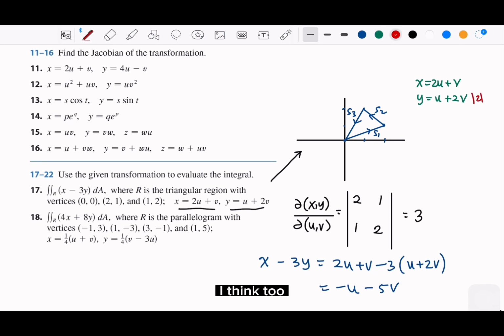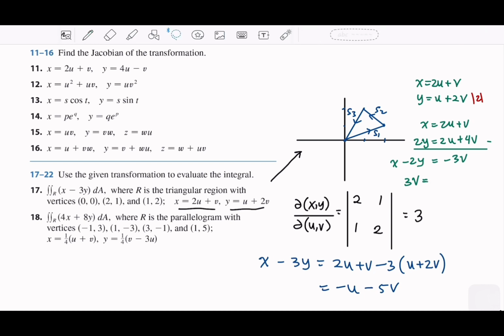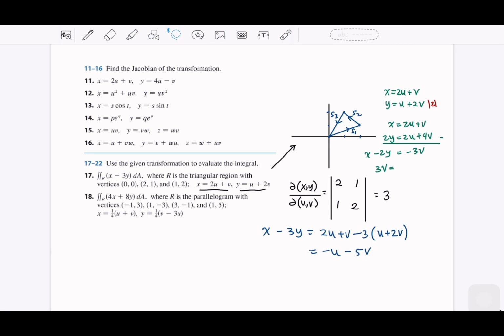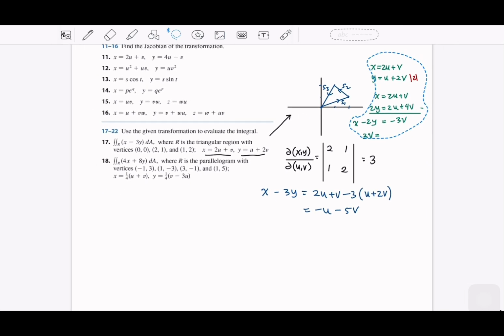Let's take 2. Let me move this down here.